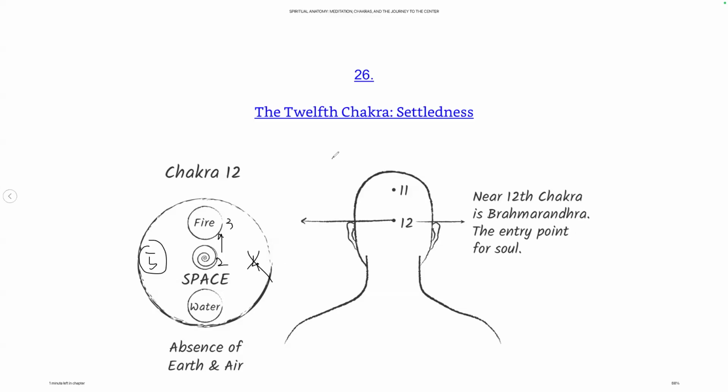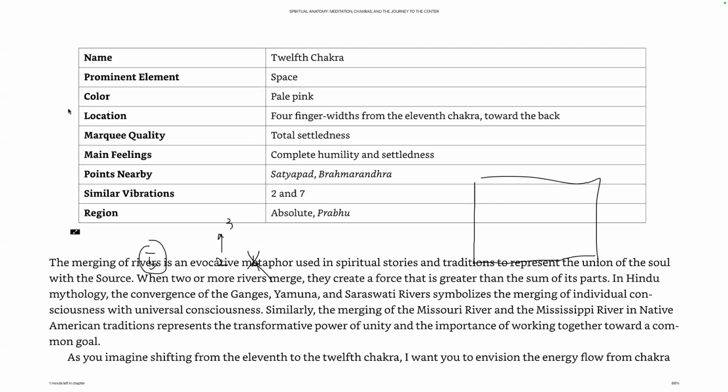So let's read. The 12th chakra is near Brahmarandra, the entry point of the soul. We'll discuss more on this Brahmarandra aspect of it. So name, 12th chakra, the prominent element is the space. The color is pale pink.